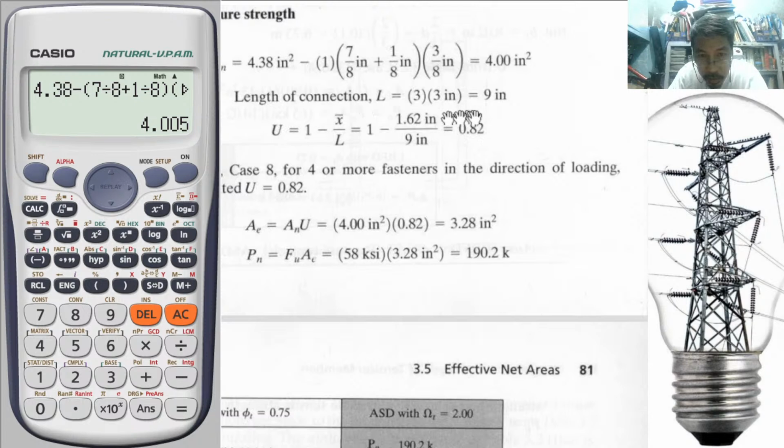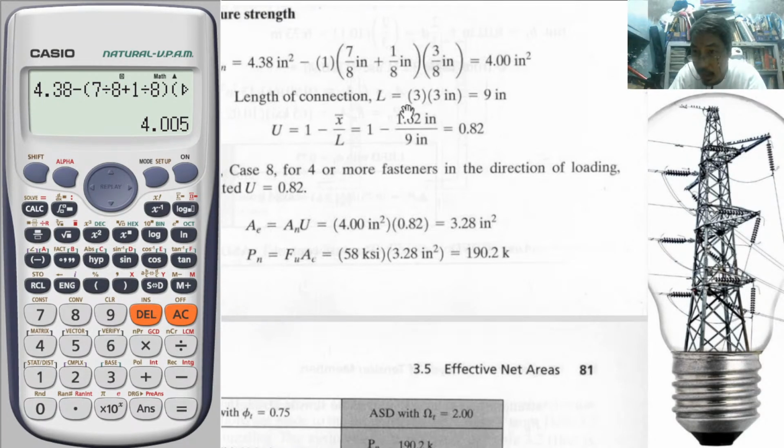Okay, so 9 inch. So we have L, and we can find out the X bar, which is what? What is the centroid of L? So the centroid is 1.62. You can either solve this by using the centroid concept. You can solve this by calculus, by mechanics, okay?